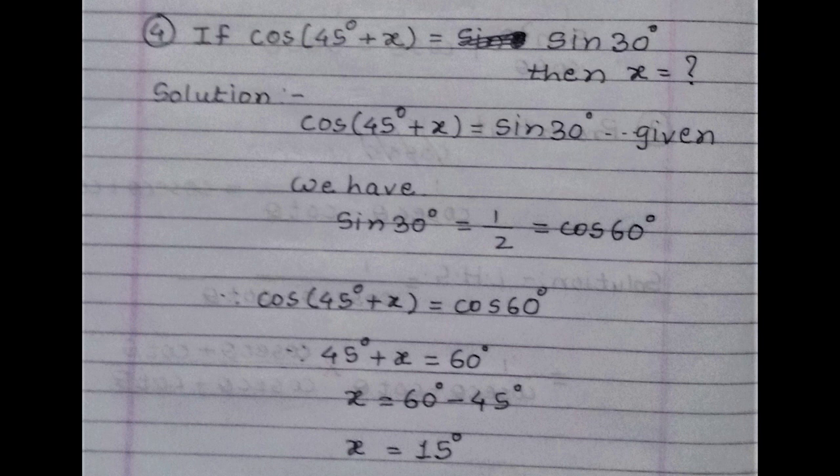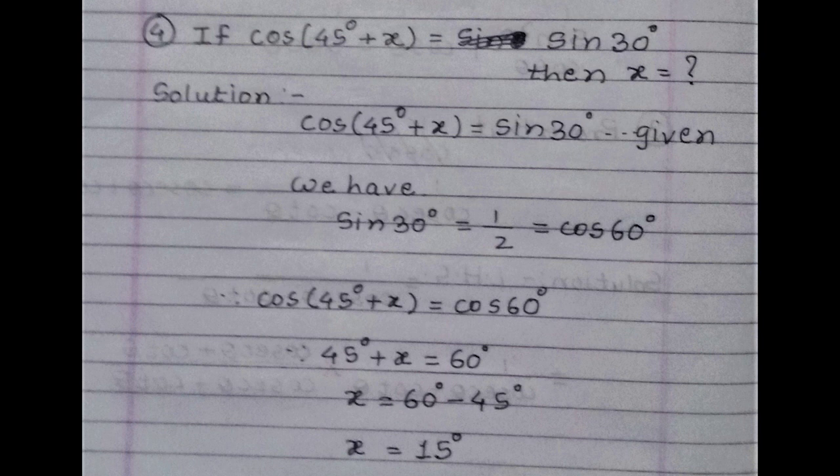Now as we learned in the tables, sine 30 degree is equal to 1 upon 2. The sine 30 degree is cos 60 degree. Why do we use this here? Because sine theta is equal to cos (90 minus theta).